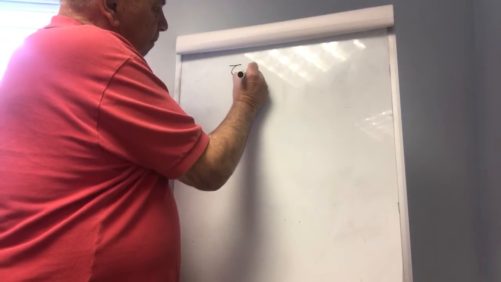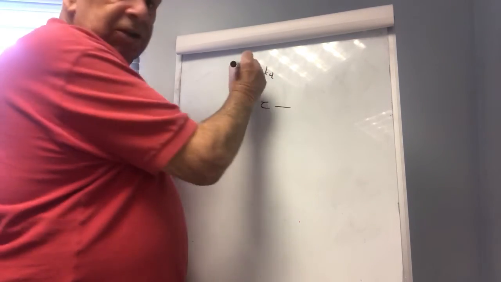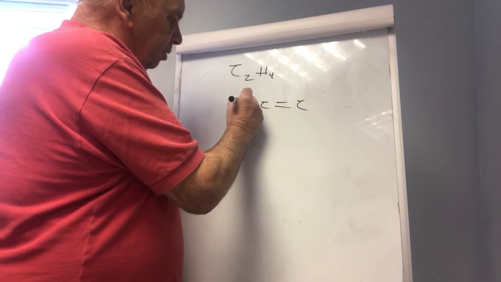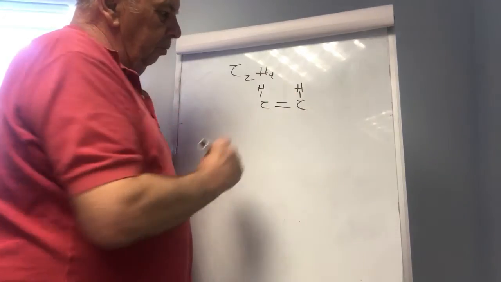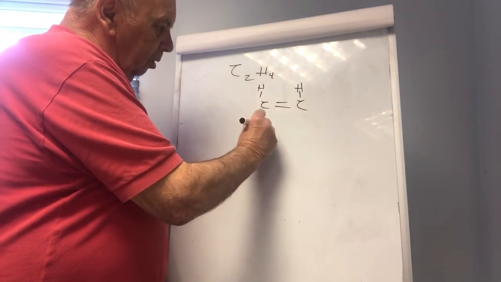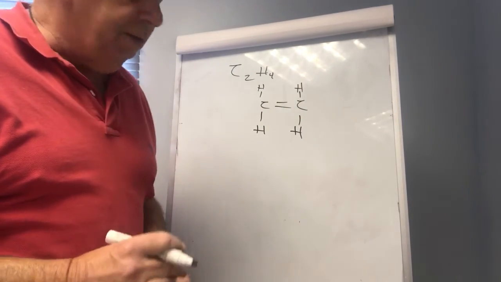Let's go back now and look at ethene. Its formula, I've said, is C2H4, and it contains a double bond, so that is the structural formula of ethene.